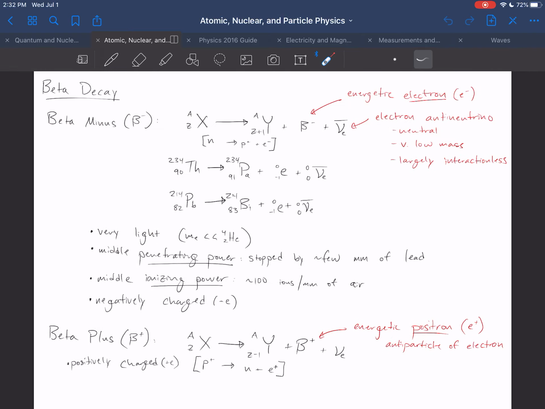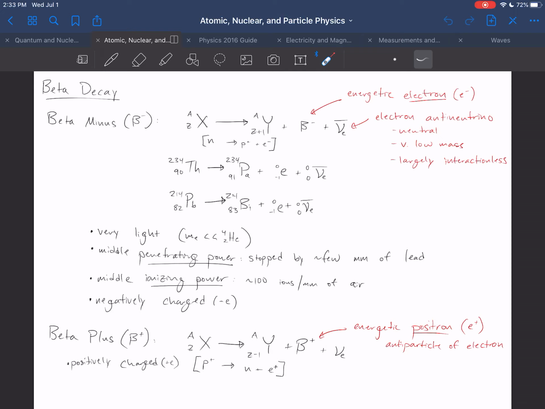The second main type we're going to discuss is beta decay, and beta decay comes in two varieties, beta minus and beta plus. In beta minus decay, the parent nuclide of element X with nucleon number A and proton number Z increases its proton number by 1, but keeps the same nucleon number.